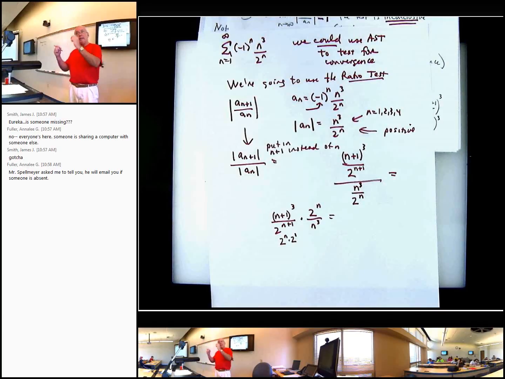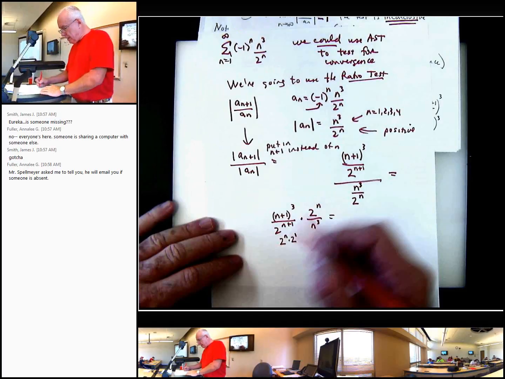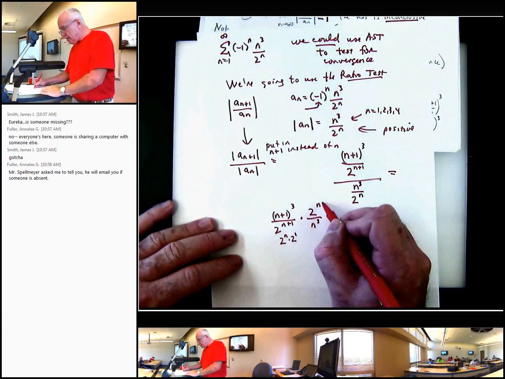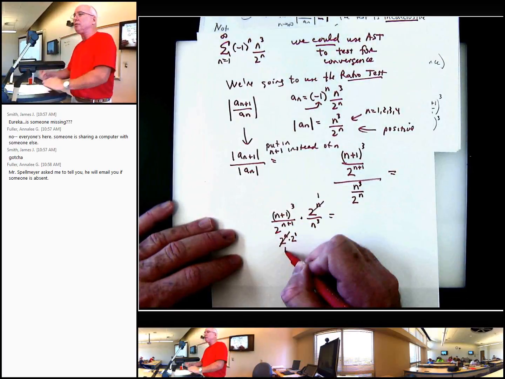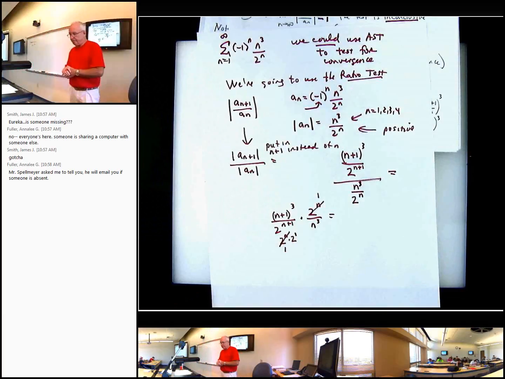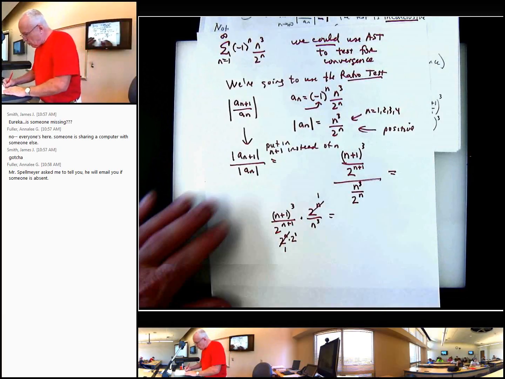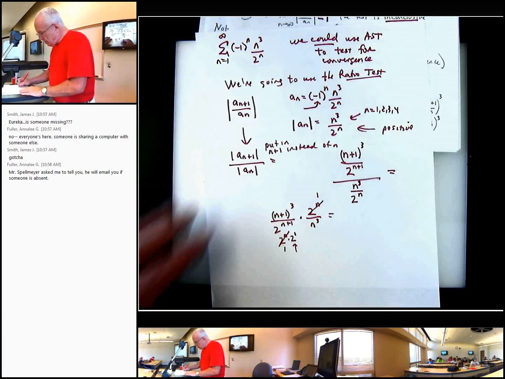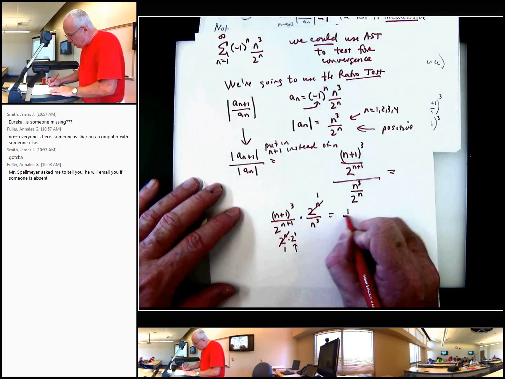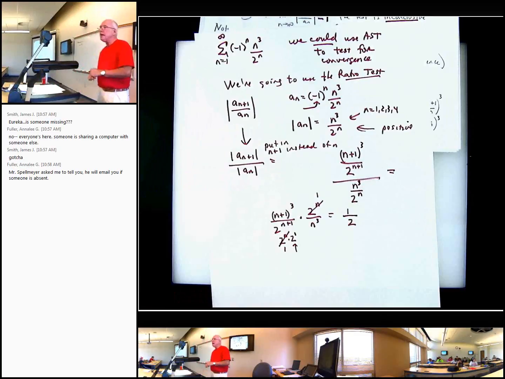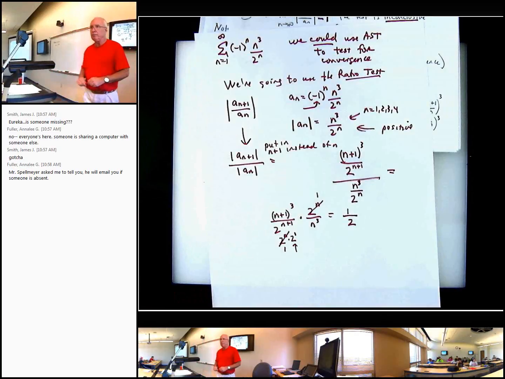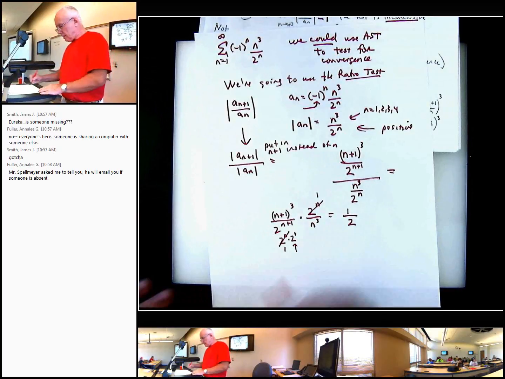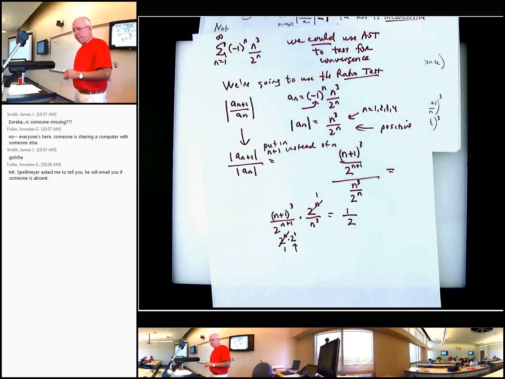Because we add the exponents when we multiply with the same bases. Now, what can cancel out? I've got a 2 to the n up here, and I can cancel out the 2 to the n in the denominator. So I'm still left, however, with a 2 in the denominator. So let's write this as 1 on top, 2 on the bottom. I've simplified that part of it. We okay with that? I still have a 2 in that bottom.